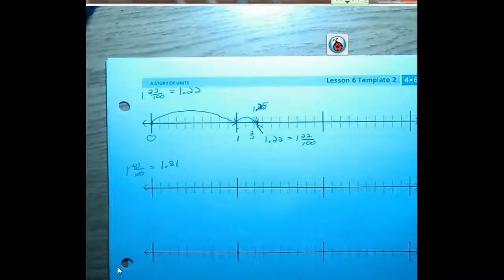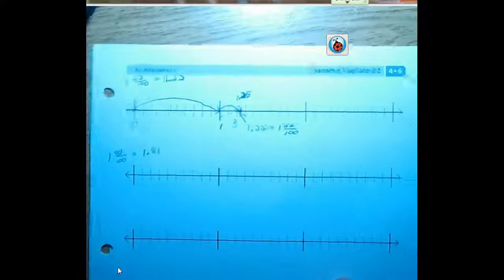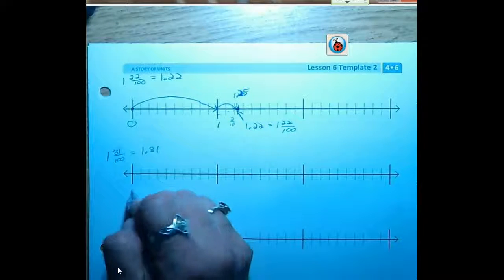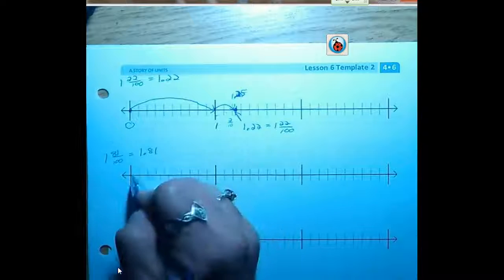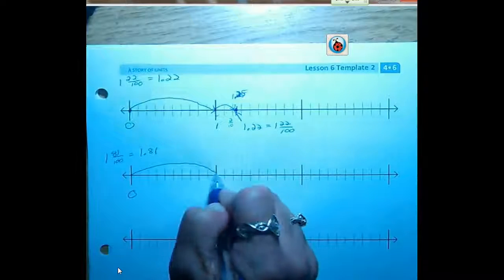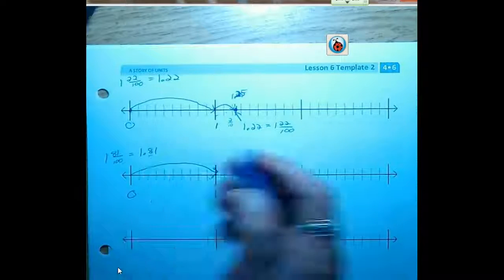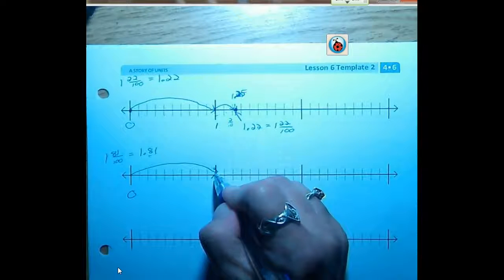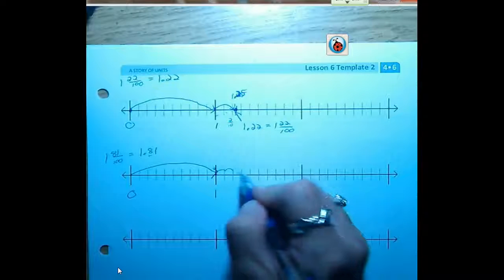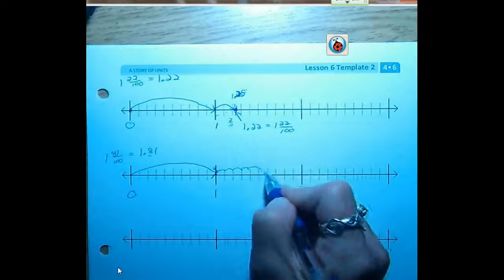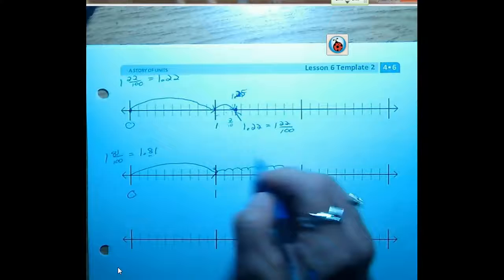Okay? So now, the second one, again we're going to start with 0 and 1. And we're going to jump 1 whole. We're going to jump 8 tenths. So this would be 1 tenth, 2 tenths, 3 tenths, 4 tenths, 5 tenths, 6 tenths, 7 tenths, 8 tenths.